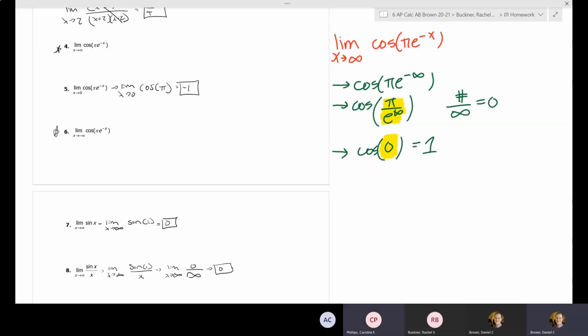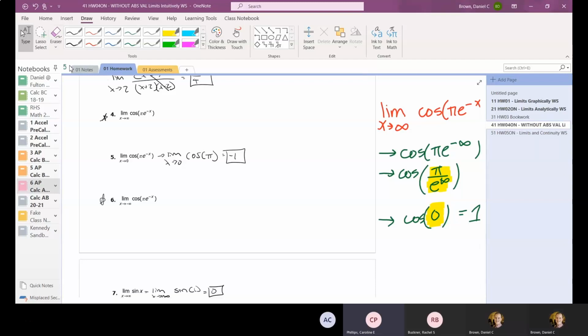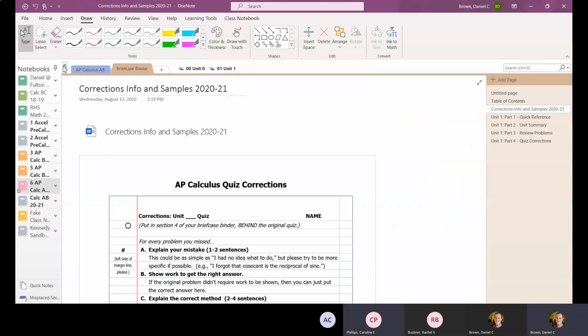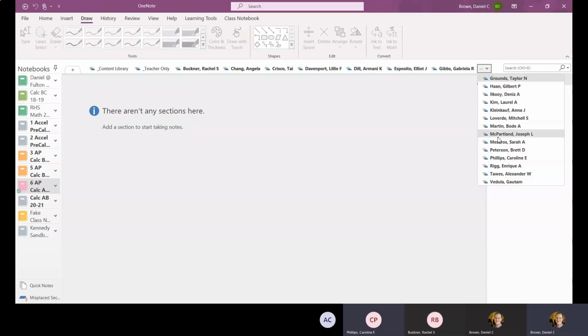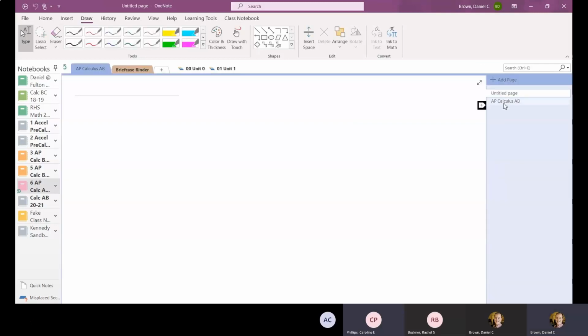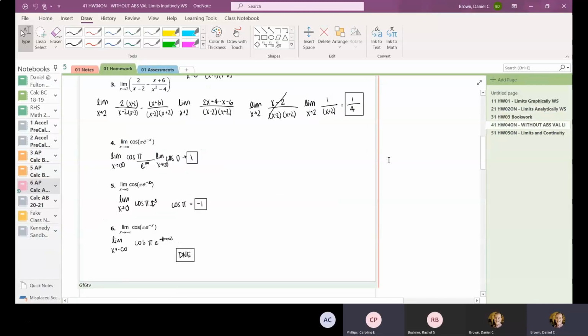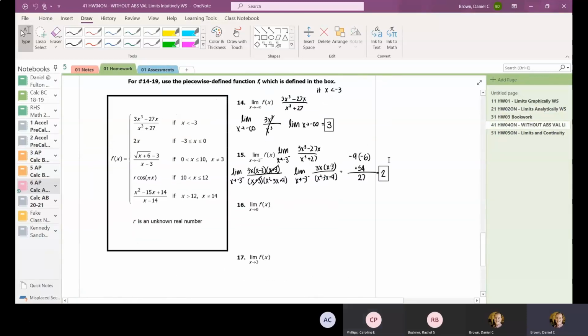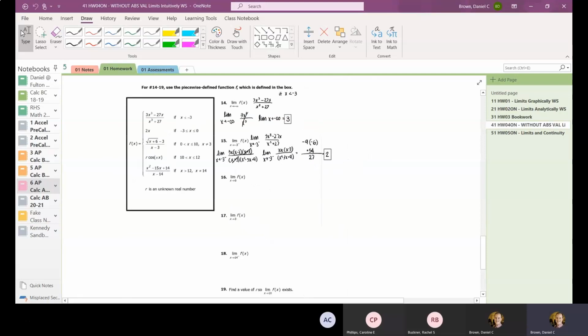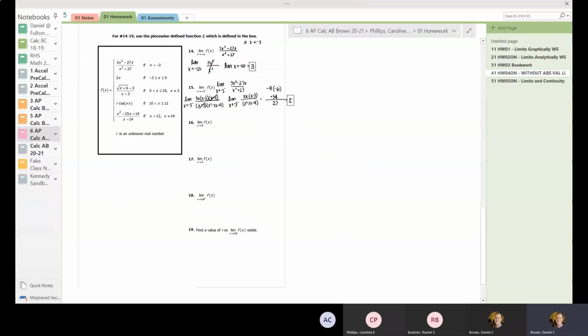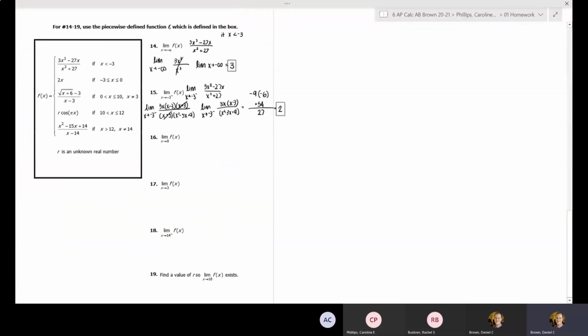I have a question on 14 on the homework. 14, you said? Yeah, 14 through 19. Is that the piecewise one? Yeah. I think the problem we did today might help you with it.